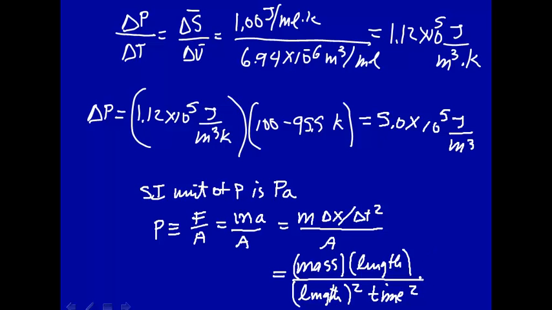Okay, and so let's actually continue on here. Let's put in the SI units. Well, let's simplify that a little bit first. That will be mass, one of the lengths cancels out, over length times time unit squared.